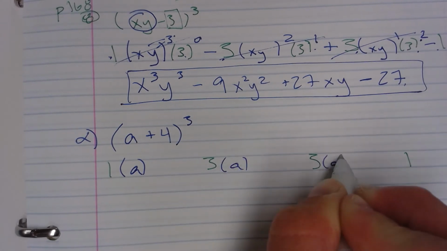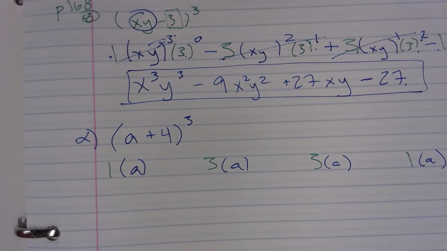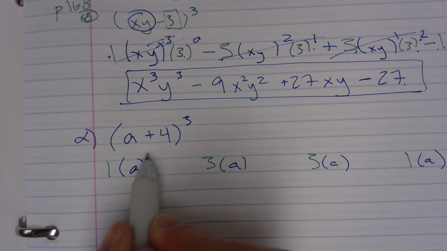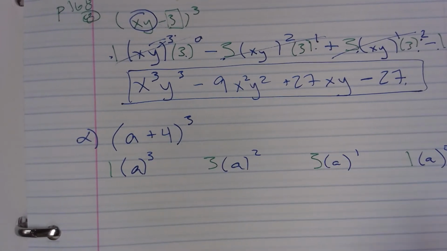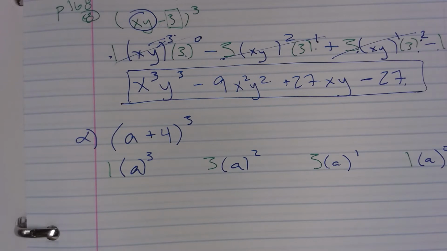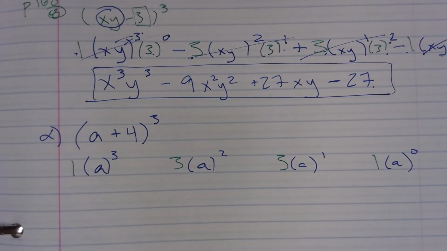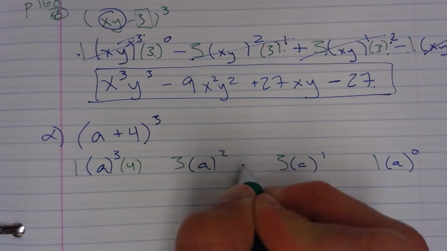Then we count down, 3, 2, 1, 0. Then we take our last term, which is 4, and we write it everywhere.